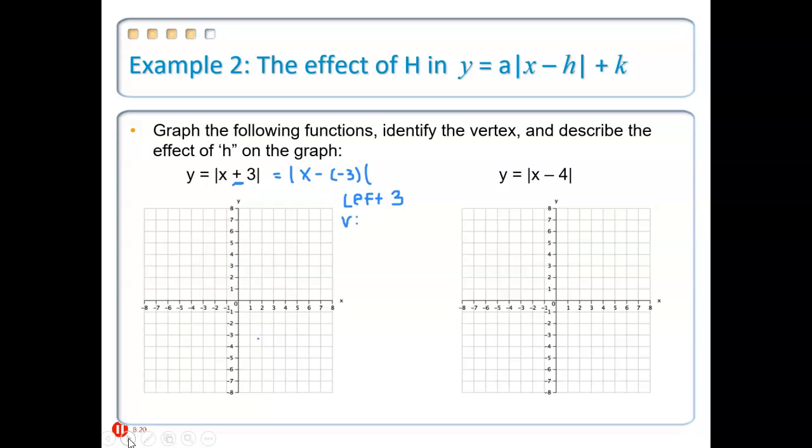Which means my vertex is (-3, 0). You could confirm that if you plugged in -3, you get 0. The a value is once again 1, so my slope is 1/1. The axis of symmetry has now changed.